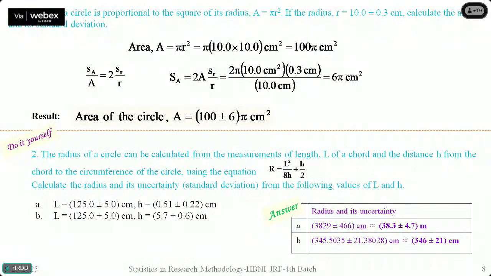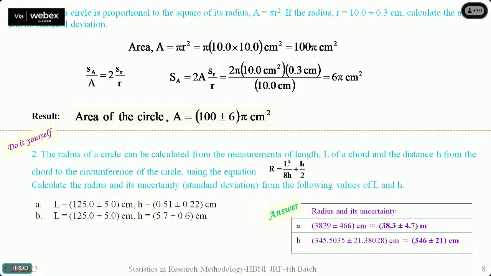Which two different parts of the question are you asking? L, you have calculated for L. H, there is no further multiplication or anything.